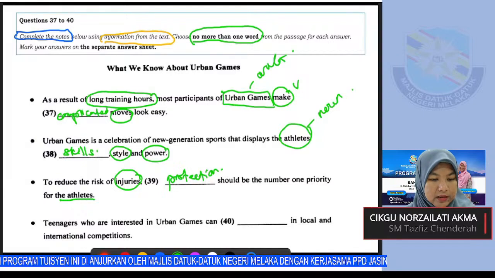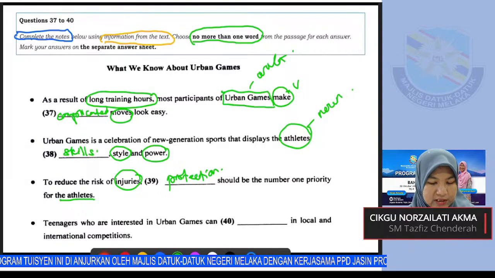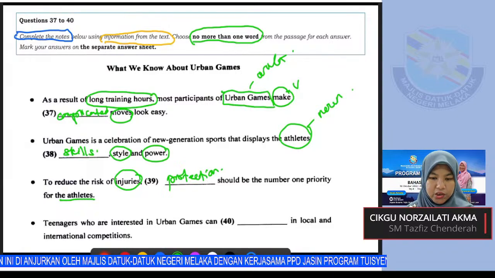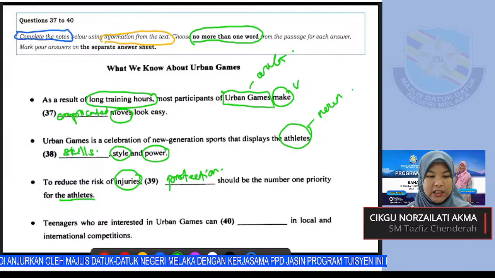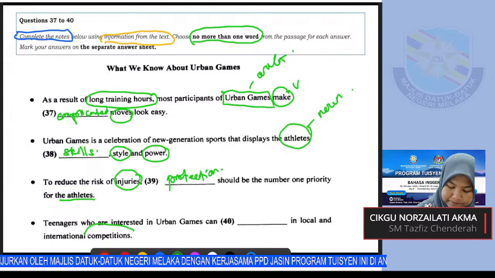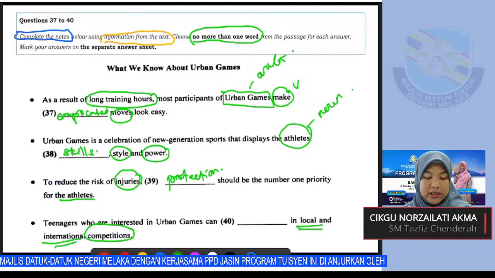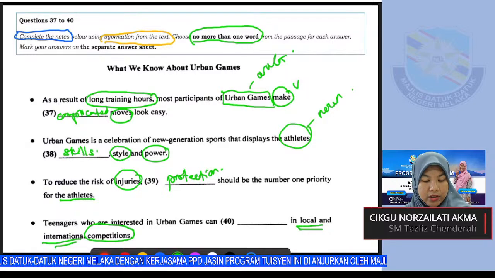And then the last one, question 40. Teenagers who are interested in urban games can join in local and international competition. Here they are talking about domestic and international competition.